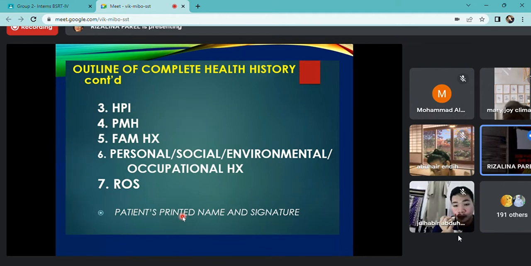Also, the associated manifestation. Okay? Number 4 is the past medical history. So kung bata yung pasyente natin na nangangailangan ng RT management, dapat na isulat natin yung kanyang immunization. So kumpleto ba yung immunization niya? That will affect also kung meron siyang possible or suspected siya for pneumonia. Okay?